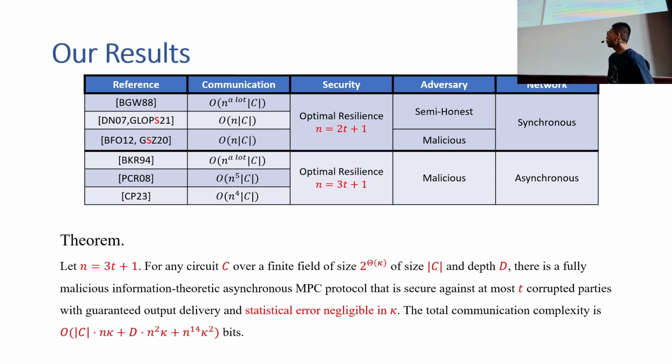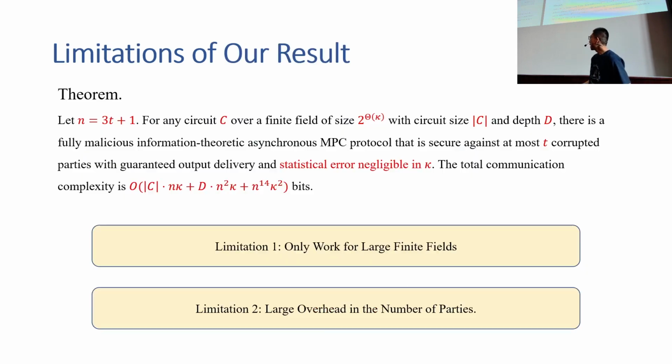Our result shows that if you have a large field, so basically we require the field size to be 2 to the power of the security parameter, then it is possible to achieve linear communication. But I want to mention two limitations. First, our work only works for a large field.